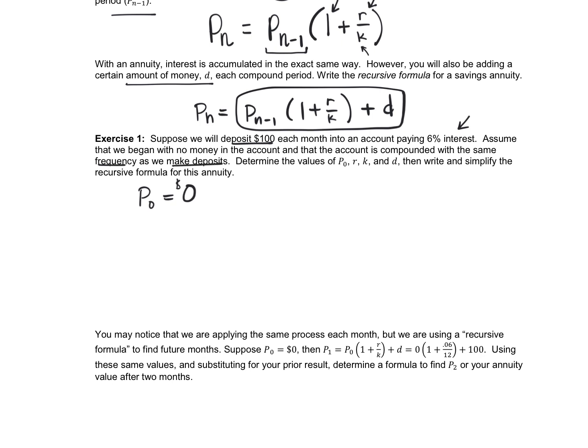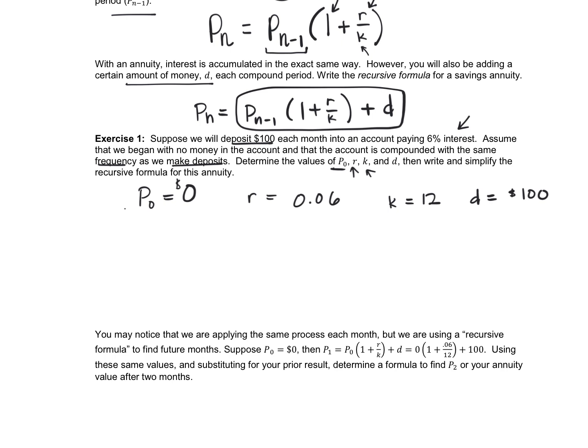So if you deposit monthly, then we're going to say that it compounds monthly. We're looking at, again, P naught we already said was 0. Our interest rate is going to be that 6%, written as a decimal. Our K, because we're making monthly deposits, we'll say that our K is equal to 12, and then our D is the amount we're going to deposit each month, which will be the $100.